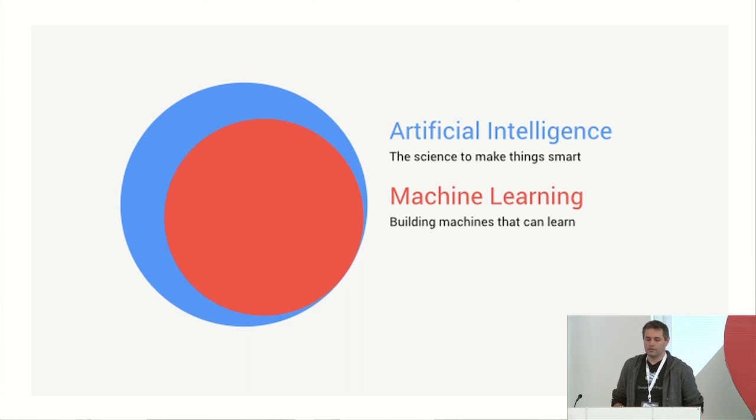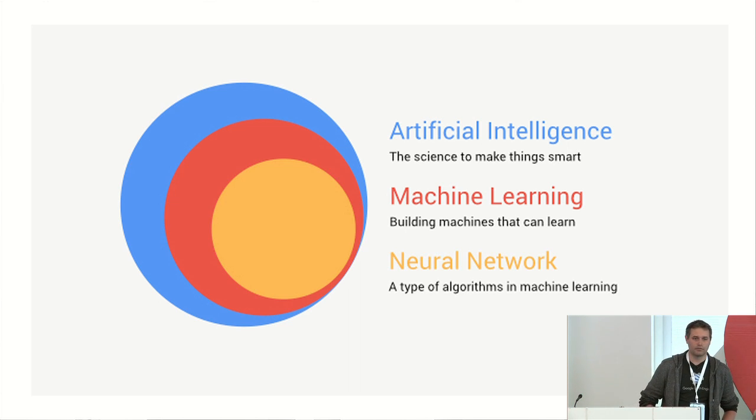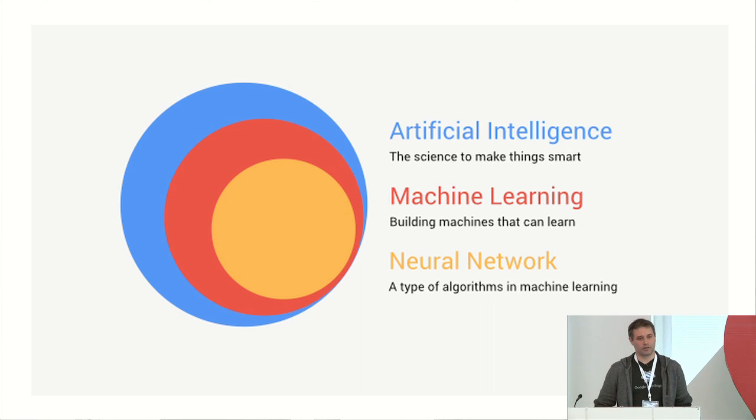And within that, the neural network is a very particular type of algorithm that we've rediscovered in the last maybe half decade or so. This is an approach to machine learning that goes back to, in some cases, arguably even around the 50s.